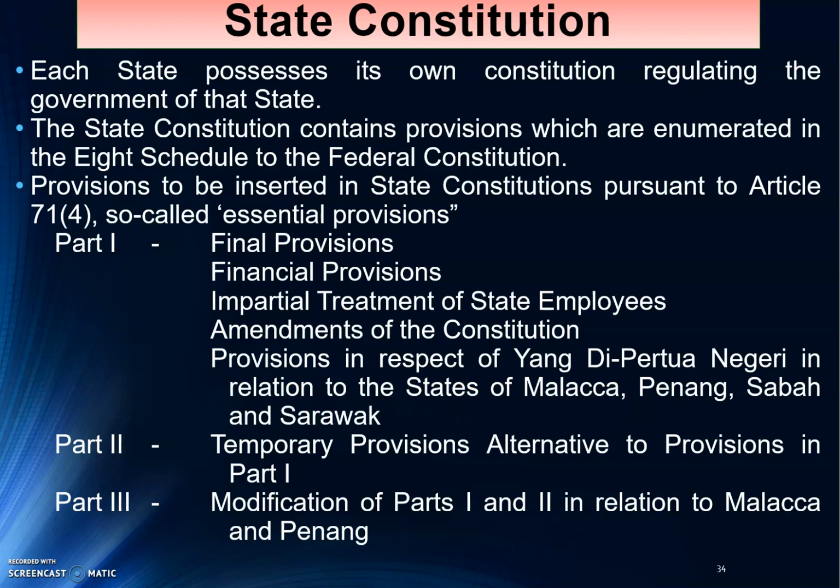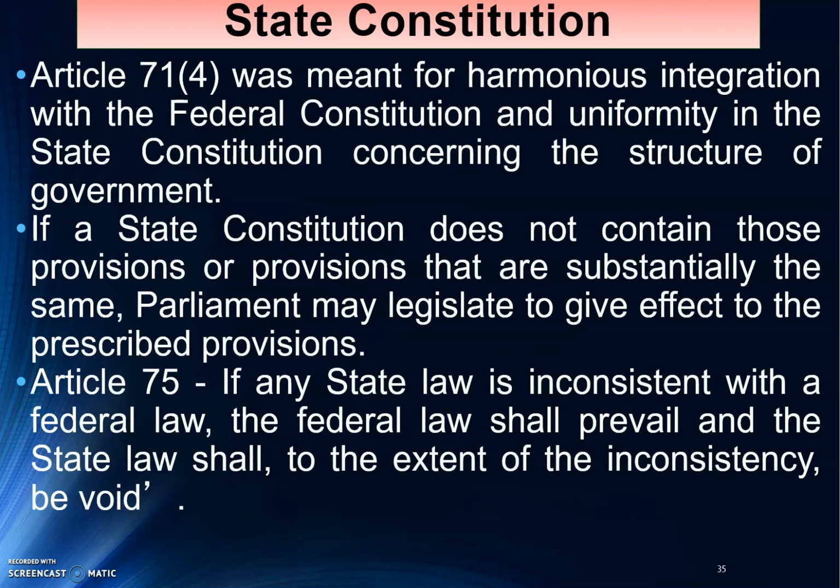So basically, Article 71, Clause 4 was meant for harmonious integration with the Federal Constitution. So, although the Federal Constitution is the main body, it gives powers to the state legislature to have their own laws with respect to each state, so long as those laws enacted by the state do not conflict with the Federal Constitution.